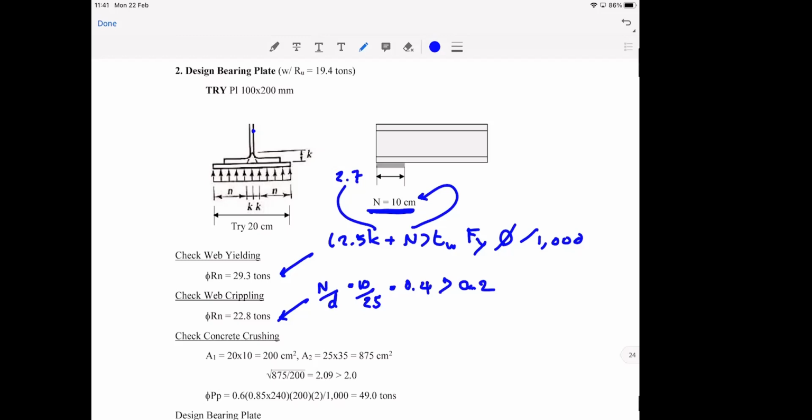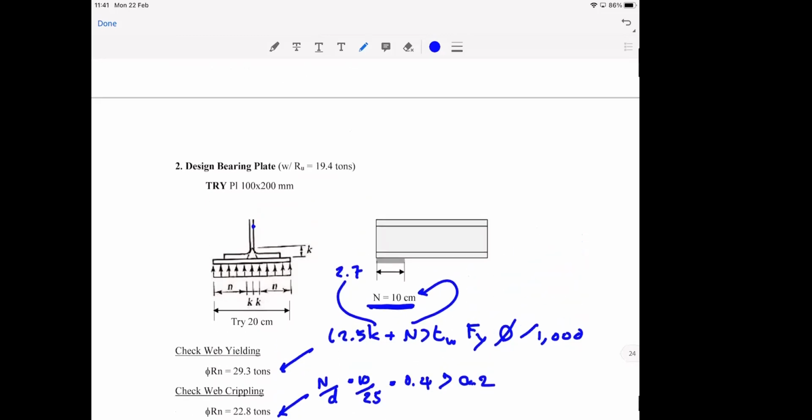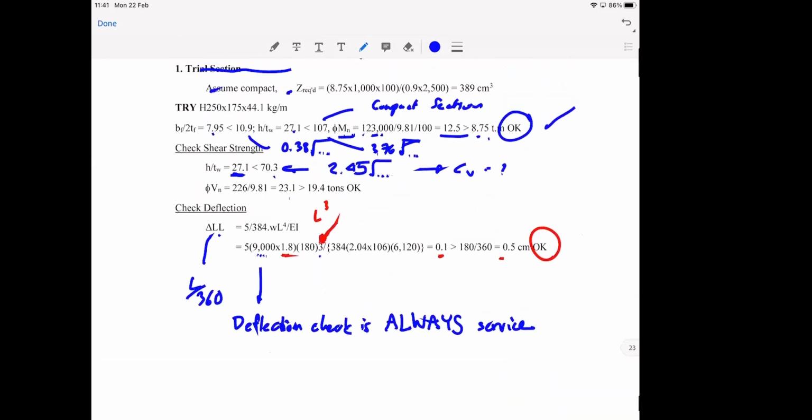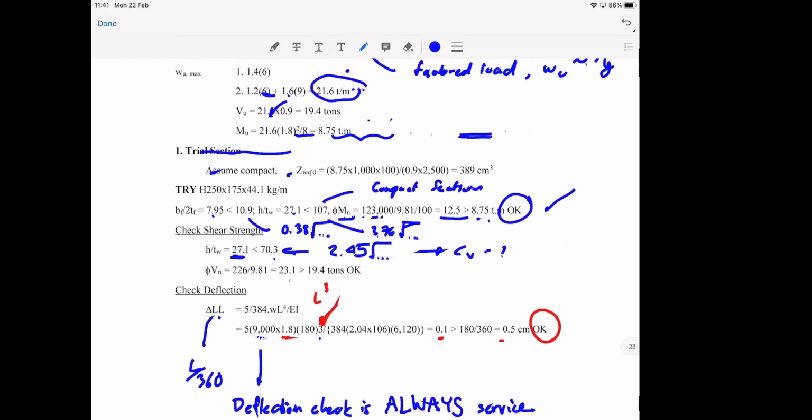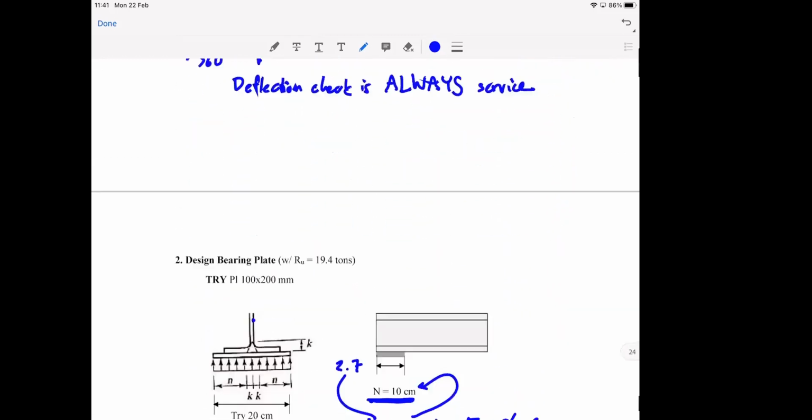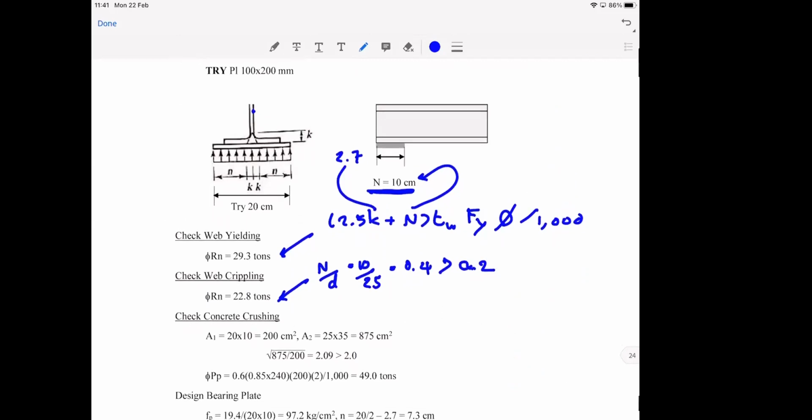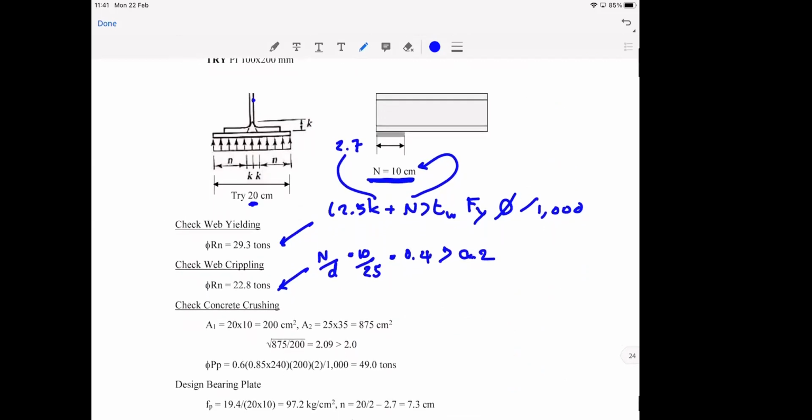Now let's say, because my beam size is 175 by 250, I pick the plate that is slightly wider than the beam itself, because right here the beam is 175, so I can put the beam on the plate without any problem.